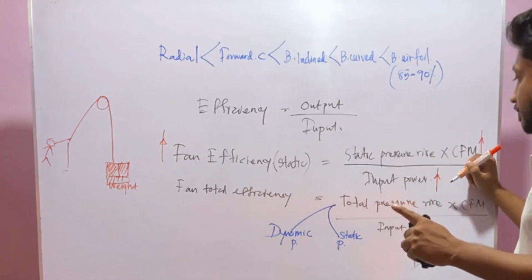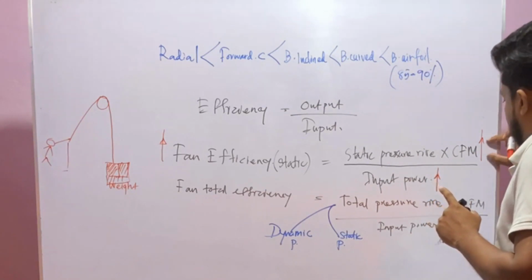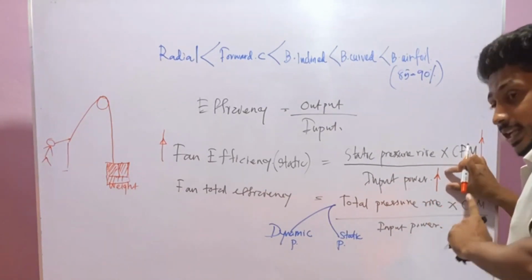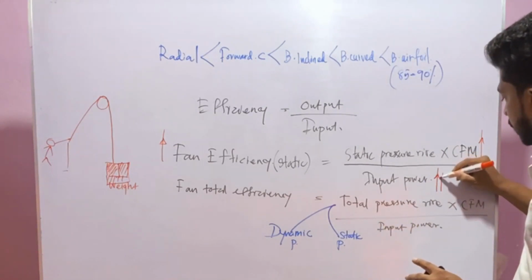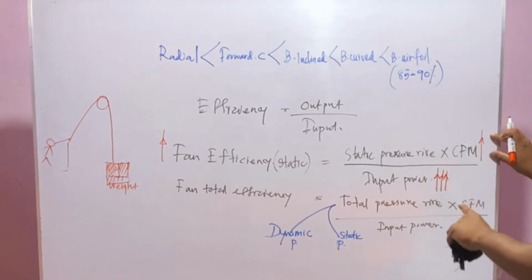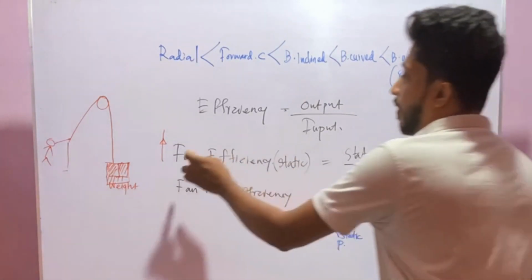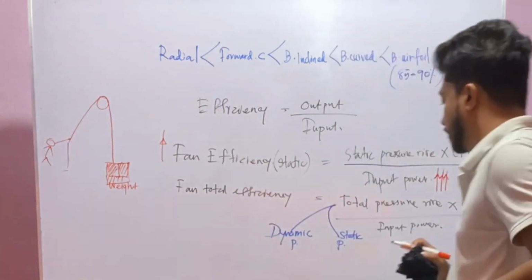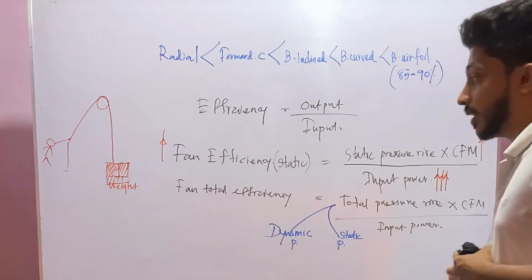But the thing is, this increase is more than this increase. That means if this is increased, fan efficiency will be increased, but input power will be increased in a higher amount.